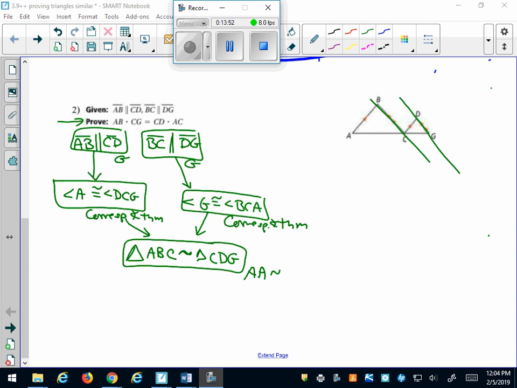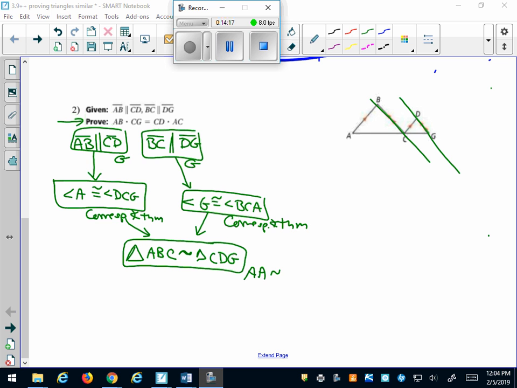Okay, so we have the triangles similar by AA. Remember, after you've proven the triangles similar, there's that next step that is sort of reminiscent of CPCTC. Once you prove the triangles are similar, you can either say sides are proportional or angles are congruent, the remaining sides, remaining angles.